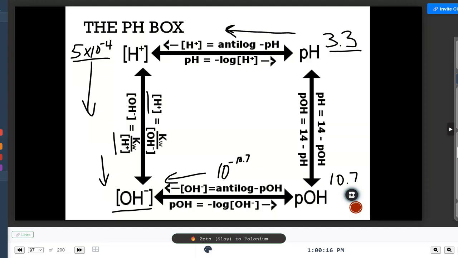It depends upon which route you want to go, over the top and down, or down and then over the bottom. This is a nice little table that will help you relate each of the different ways that we can express our concentrations and our pH and pOH values.